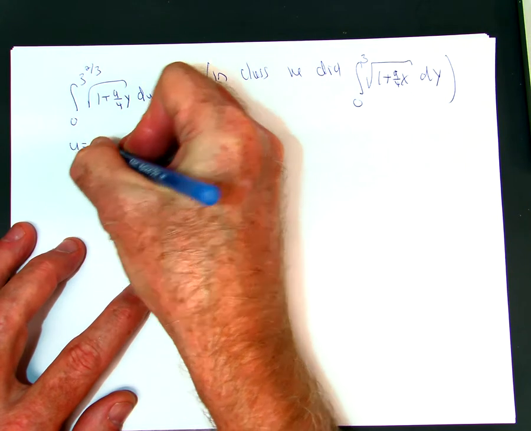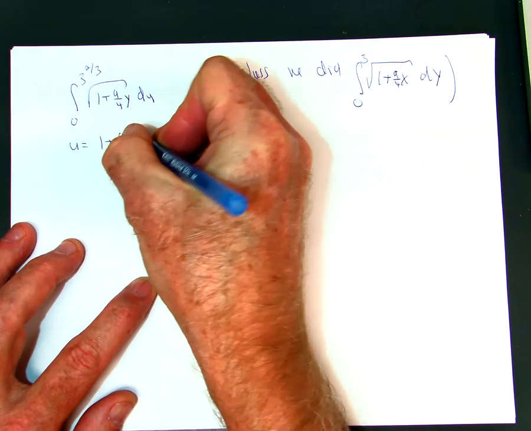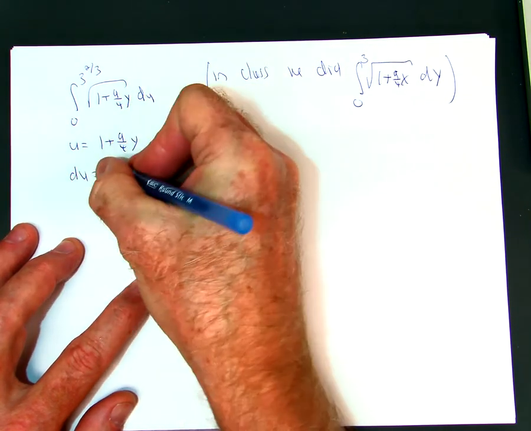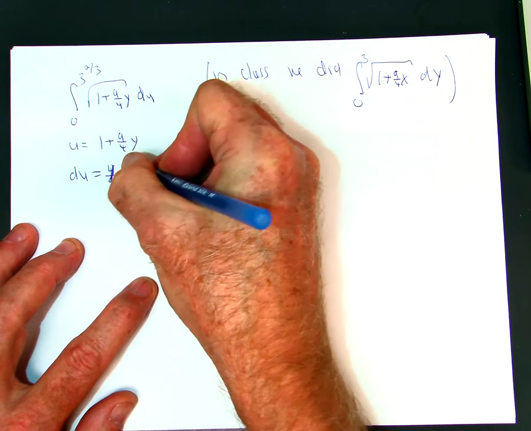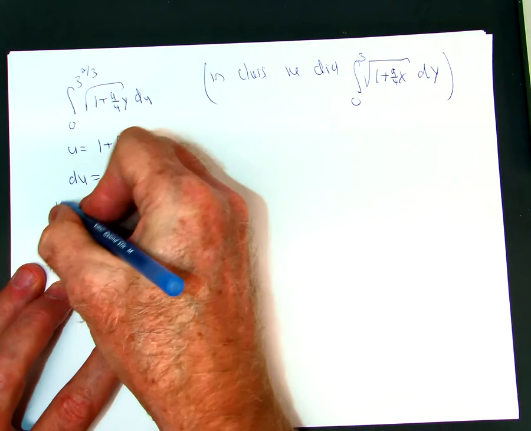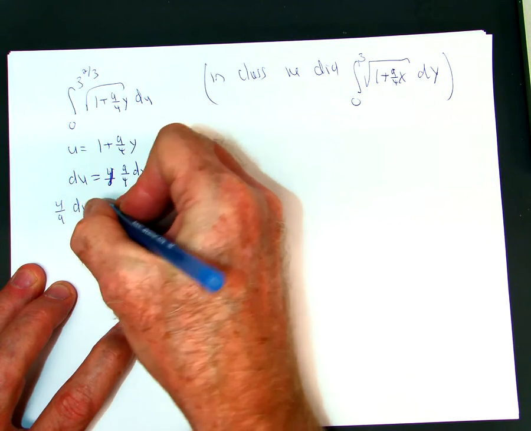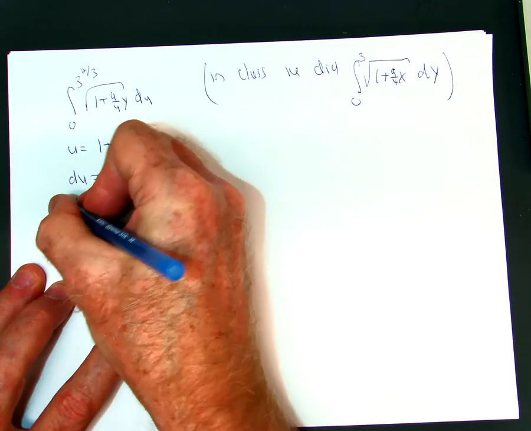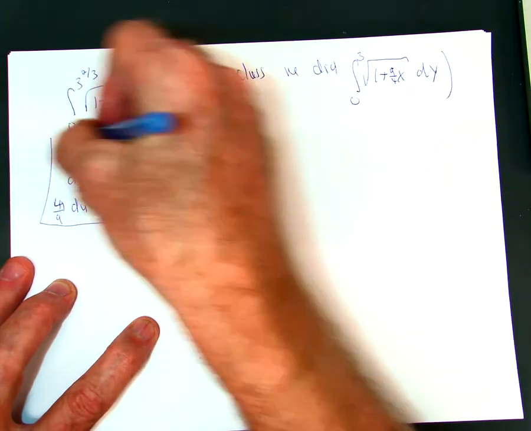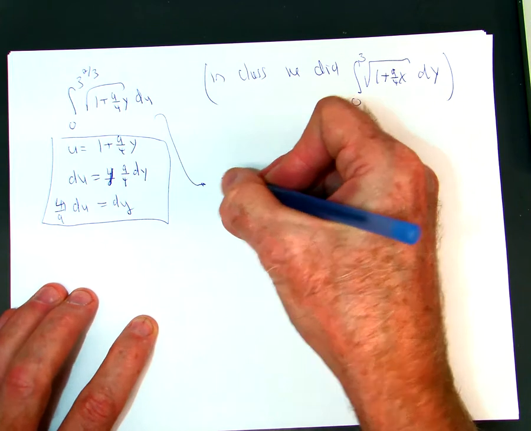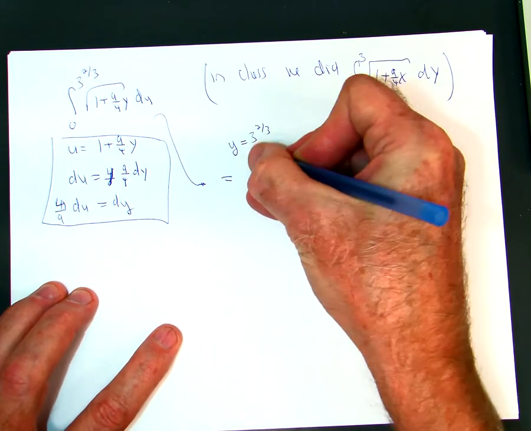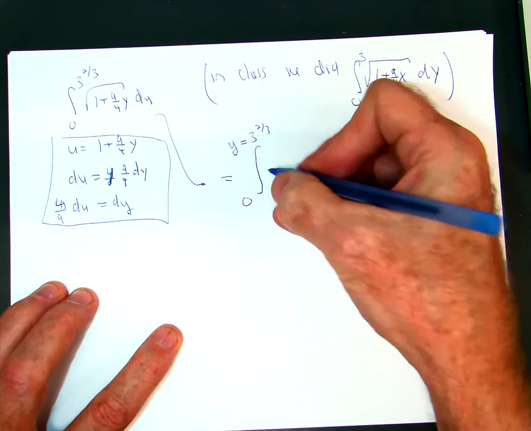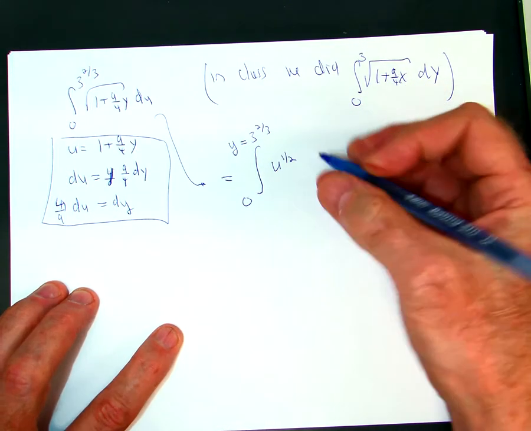u is 1 plus 9/4 y. du is 9 over 4 dy. 4/9 du is dy. So this integral now becomes, from y equals 0 to 3 to the 2/3, u to the 1/2 for what's inside here.